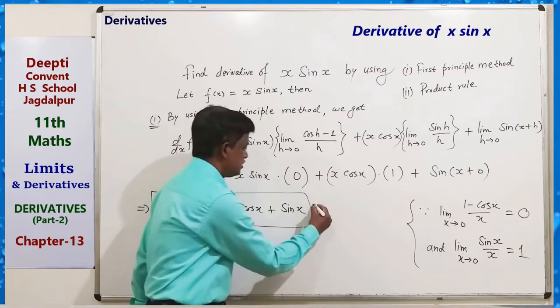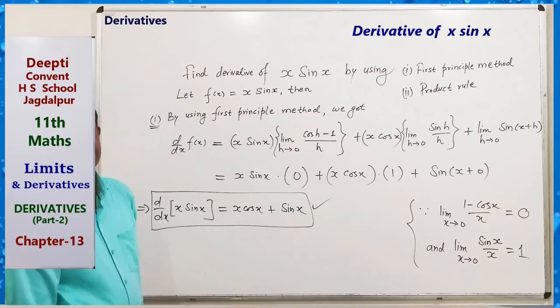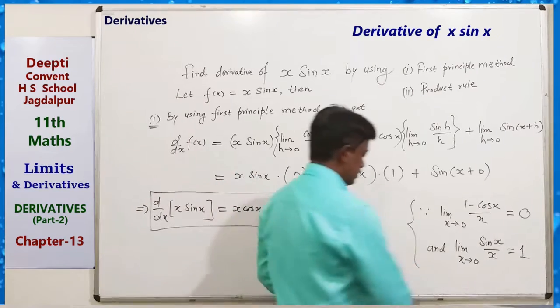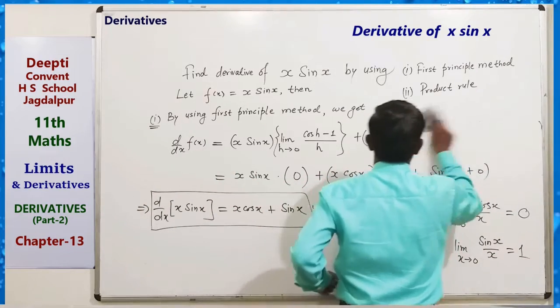Clear? So this type of derivative we get from the first principle method. Just write its answer here.